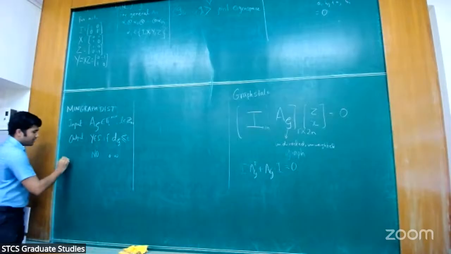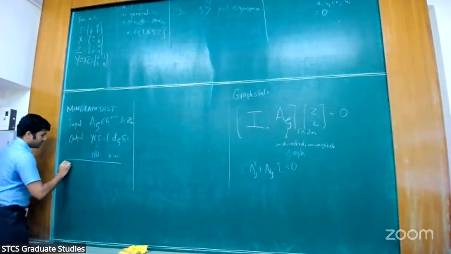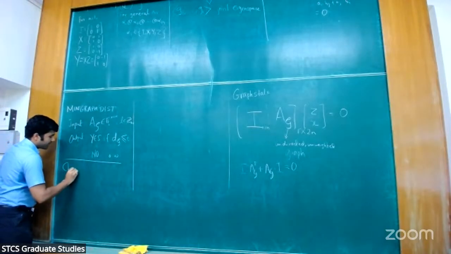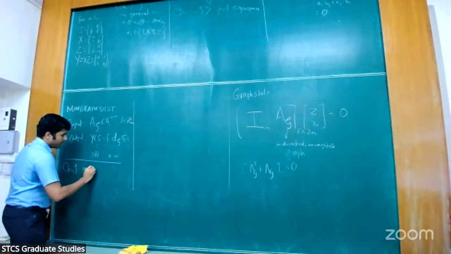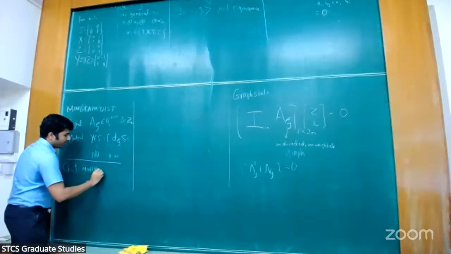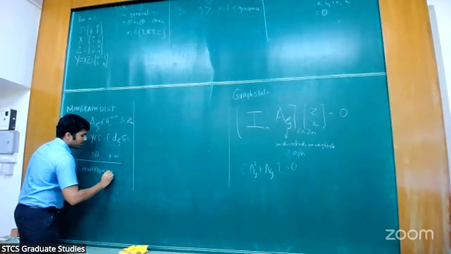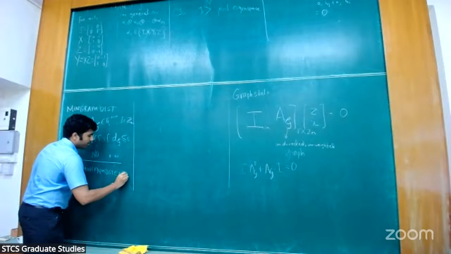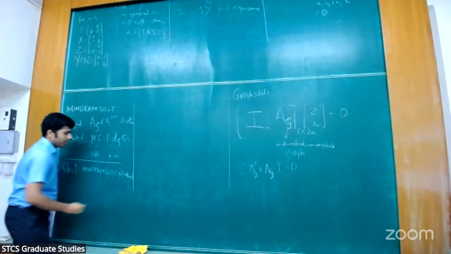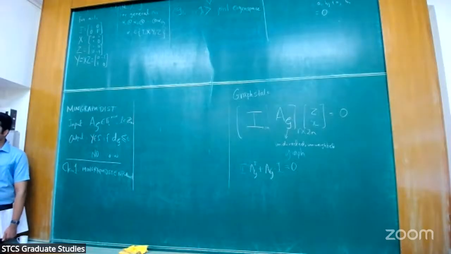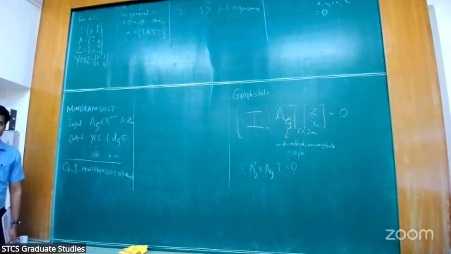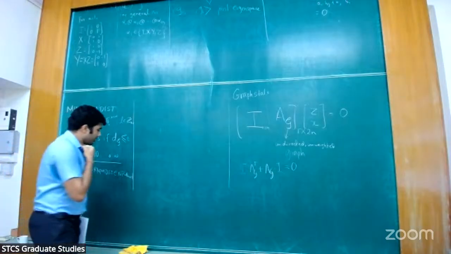And the claim, let me write it as claim 1, is that min graph distance is NP-hard.